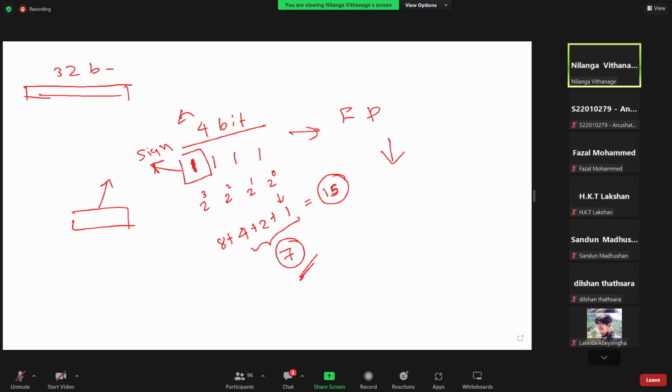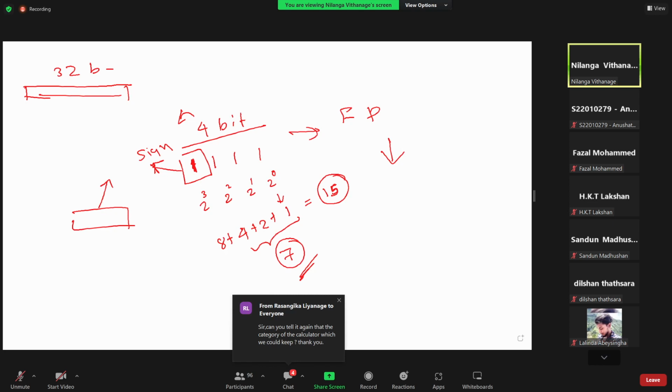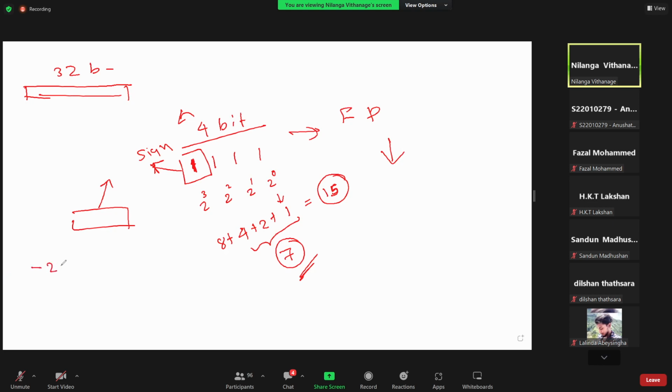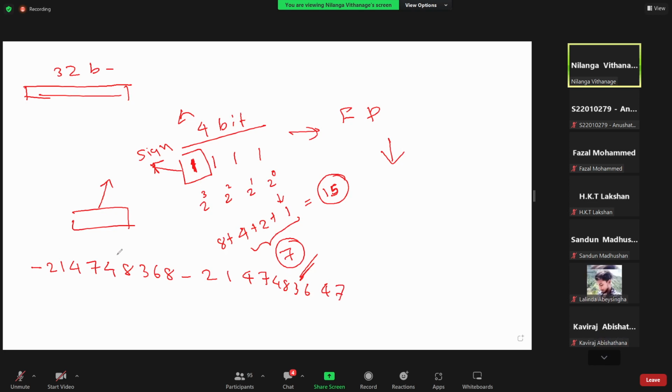The maximum value of an IEEE floating point number is this one. It's a huge number. It can represent the range from minus this value to this value, up to 2147483647, right? So it can represent this many numbers using 32 bits.